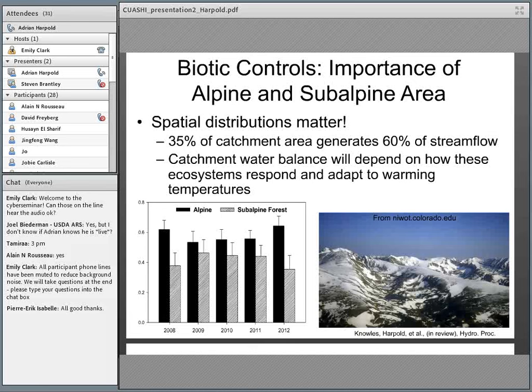So this figure, I'm just noticing, has the Y label cut off, but it shows stream flow being derived from these two ecosystems. The alpine area is generating about 60% of the watershed scale stream flow, even though it's only 35% of the catchment area.